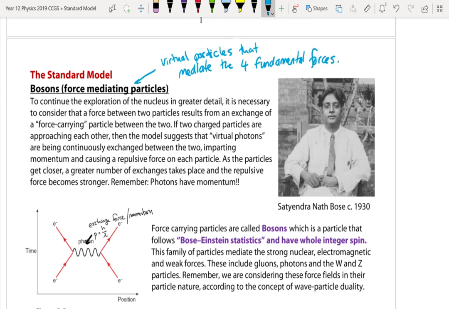So it is a little bit of stamp collecting here. We need to now remember the four fundamentals and list them in rank of strong to weak, short range, long range. Now we're going, okay, are you a boson that mediates one of those forces, or are you a fermion?